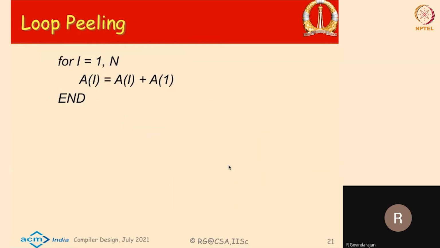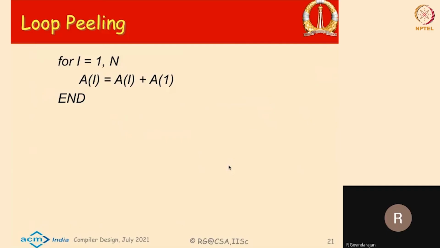Now let's look at this loop. Supposing we have this loop and we also looked at vectorization or parallelization of this loop. The question is, can this loop be parallelized? Are there any dependencies that prevent this loop from being parallelized?